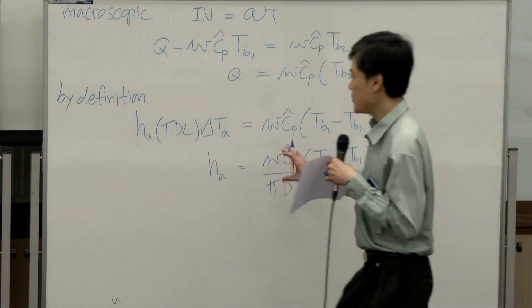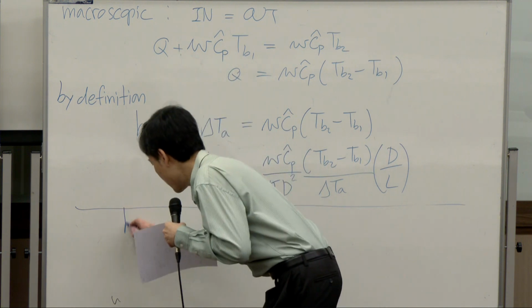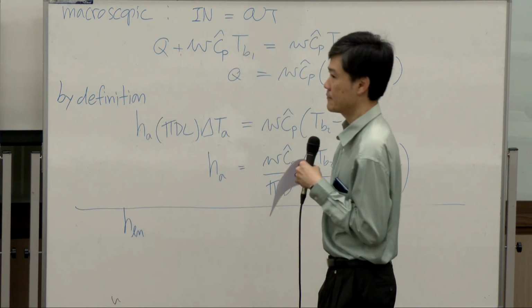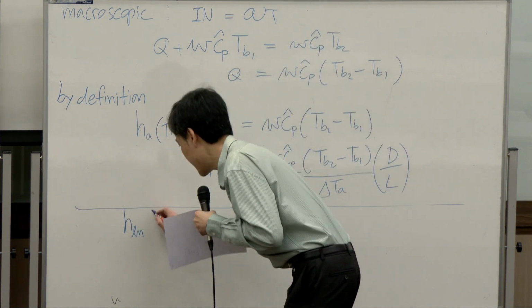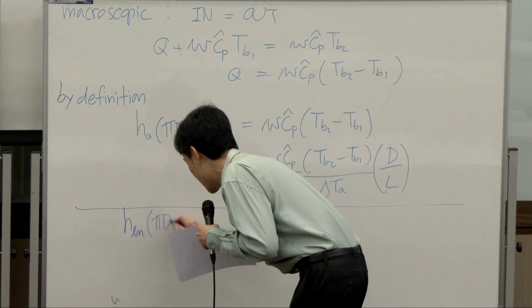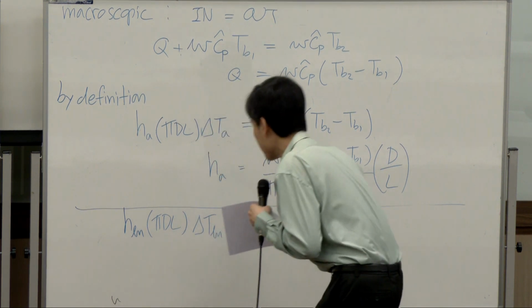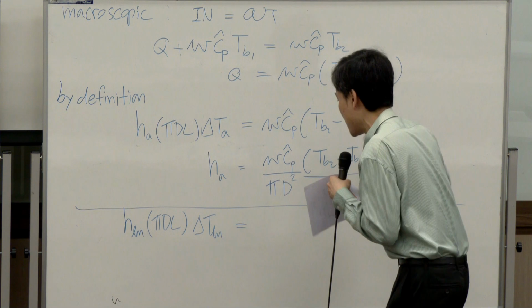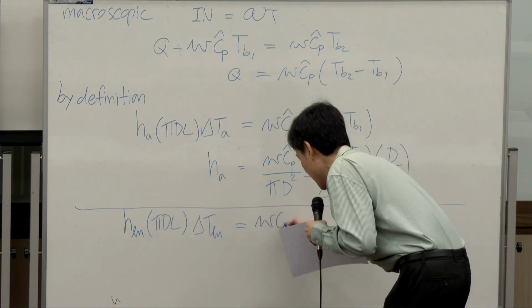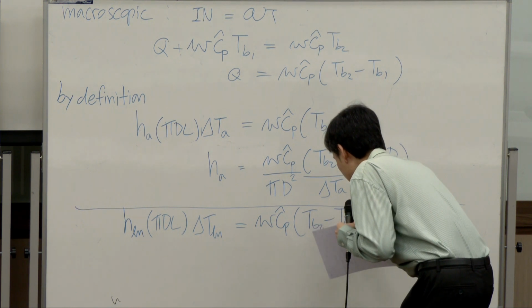Similarly, you can change this HA into H log mean. It would be a different definition, right? So H log mean times A, which is pi dL, times delta T log mean, equal to the right-hand side, which remains the same, WCP times TB2 subtracted by TB1.